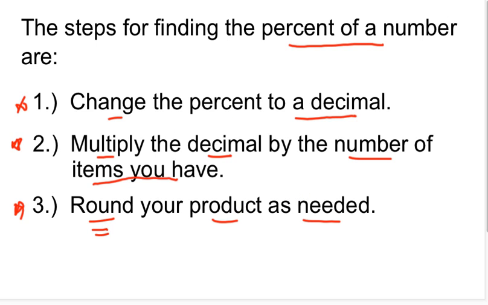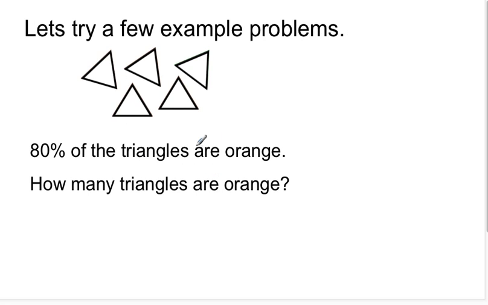So let's take a look at a couple example problems here, okay? Why don't you take out a piece of paper and follow along as I do this problem, okay? Now, what it says is 80% of the triangles are orange. So in this case, we're looking at 80% of 1, 2, 3, 4, 5. Okay? So how many of those will be orange?